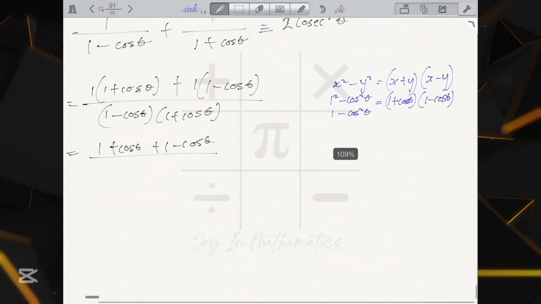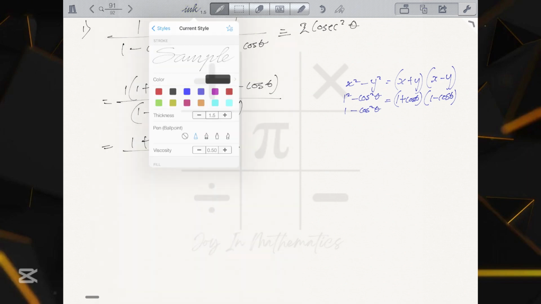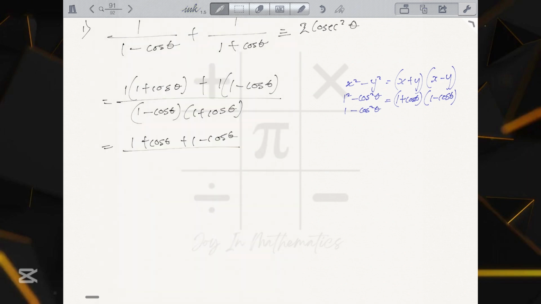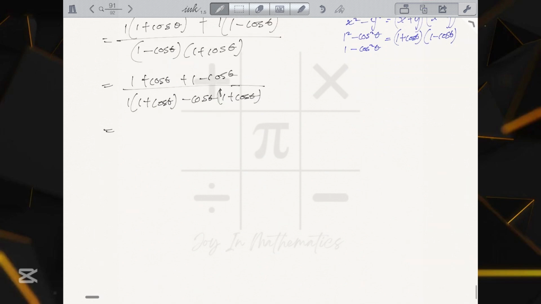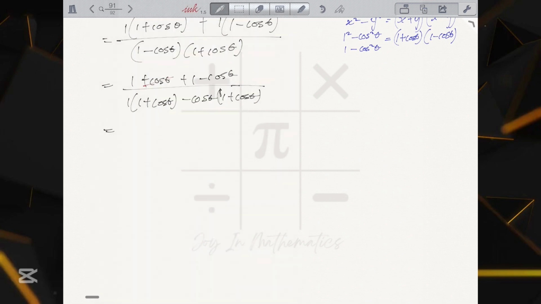All right, and if you feel that is quite ambiguous, let's simplify further by opening the bracket. So we'll have 1 multiplied by 1 plus cos theta, minus cos theta to open the bracket of 1 plus cos theta. In the numerator, we can see now that cos theta will nullify minus cos theta, and we are left with 1 plus 1.